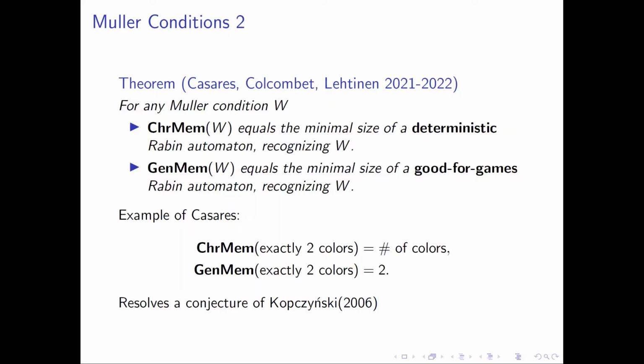Okay, but in any case, it's interesting that chromatic memory and general memory, their relationship in this case corresponds to the relationship of two interesting kinds of automata over infinite words. And it also allows us to obtain a separation between chromatic memory and general memory.